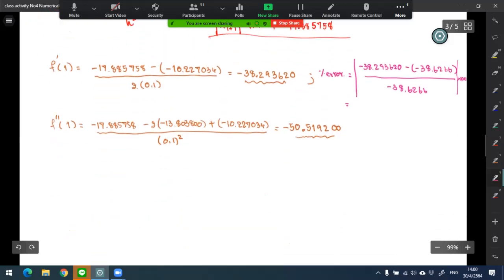Percent error is equal to 0.862. As you see, with step size h equal to 0.1, we got the error of approximately 0.8%. That should be okay, right?